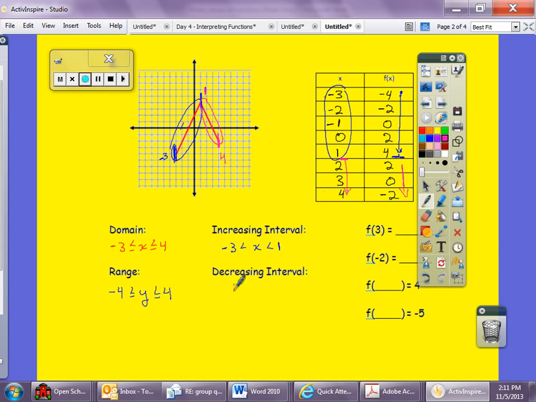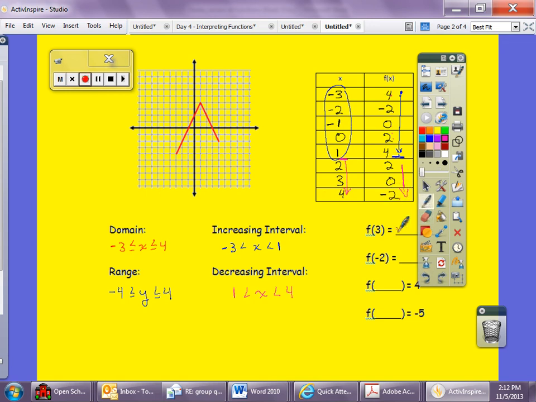So it's decreasing when x is any number between 1 and 4. The graph is going down. If you notice, these numbers are going up, and then they're going down. So that's increasing and decreasing. Increasing, the graph's going up. Decreasing is when it's going down.